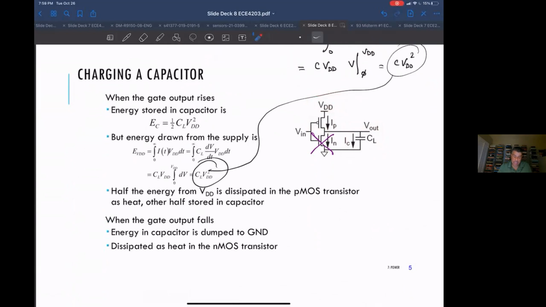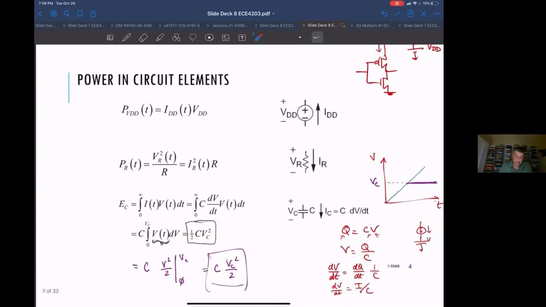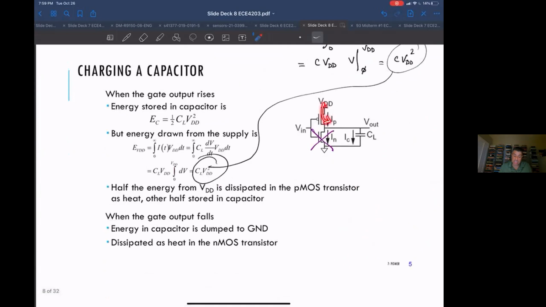The other half of the energy gets burned up in the resistance of this PMOSFET. Over that amount of time you have some power, because the PMOSFET has a certain resistance and a certain current flowing through it. So if I integrate that power across the charging time, I end up with the power lost in this PMOSFET as a result of the current going through the PMOS to charge up the capacitor.